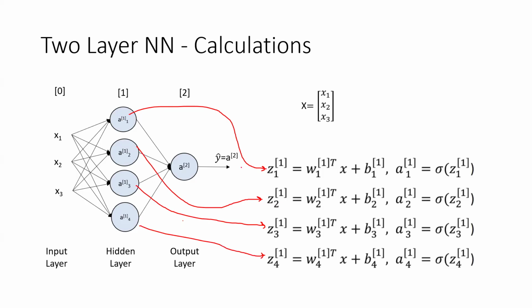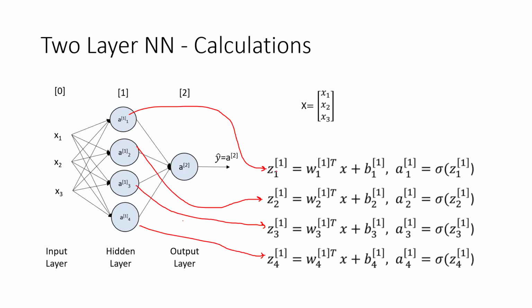Here you can see the inputs x1, x2, x3 in the 0th layer. It's not actually a layer, but it is the input. We take them as an x input, as a single vector. Each of these lines corresponds to each of the neurons in the first layer.